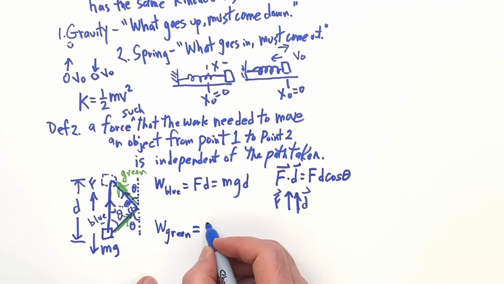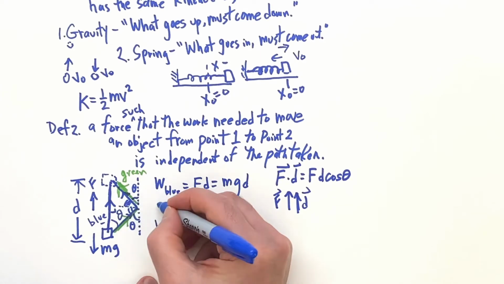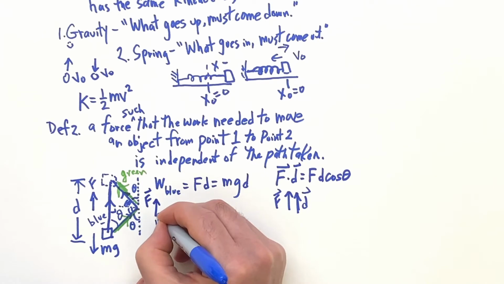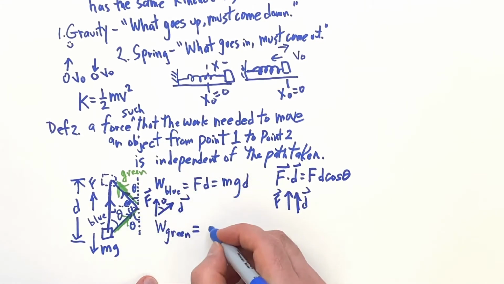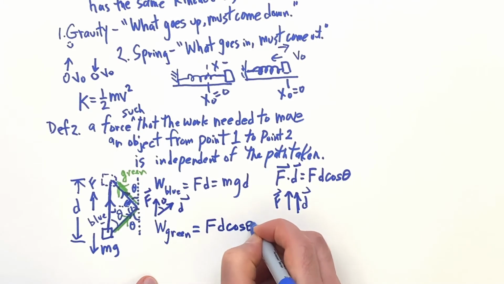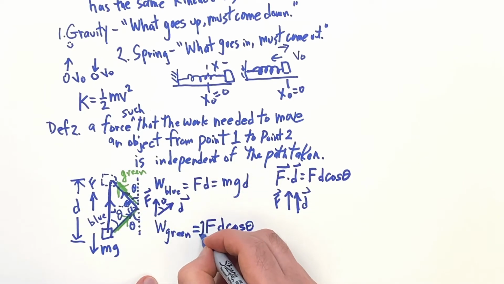So in that case, we're going to have here the force going up, and now the distance, d, going this way with some angle theta. We want F D cosine of theta, and because of the symmetry, there's two of them.